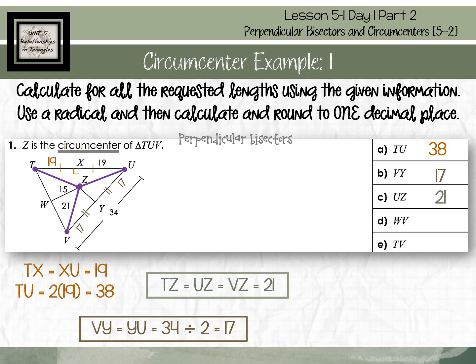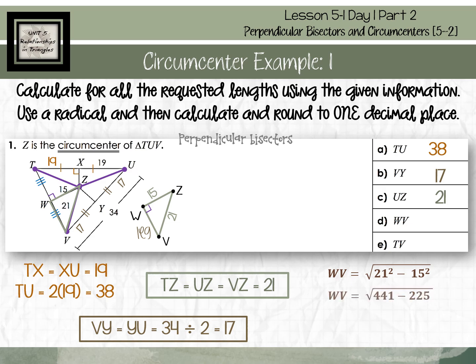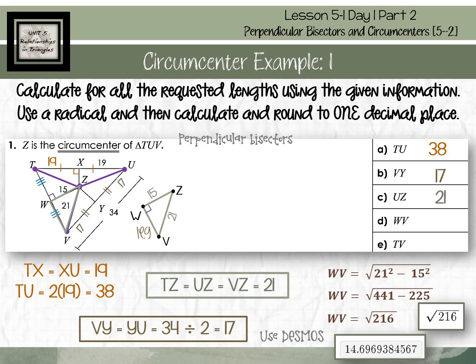Let's see what's next. WV. WV looks like we're going to have to use a triangle there. Pull that triangle out. We have the hypotenuse and a leg, so we're looking for the other leg. So the square root of 21 squared minus 15 squared, and put it in Desmos.